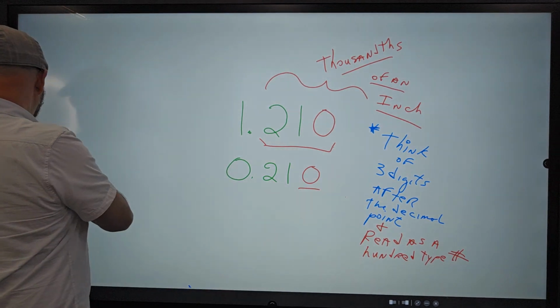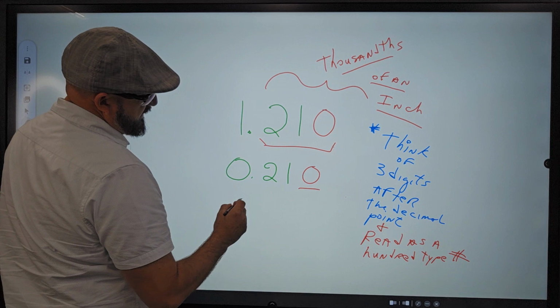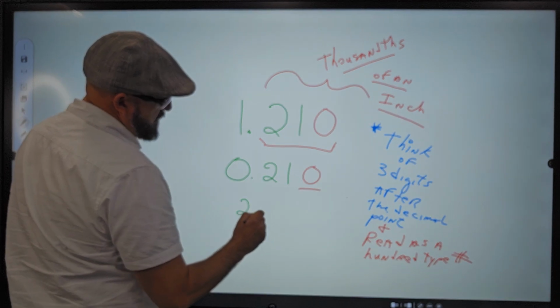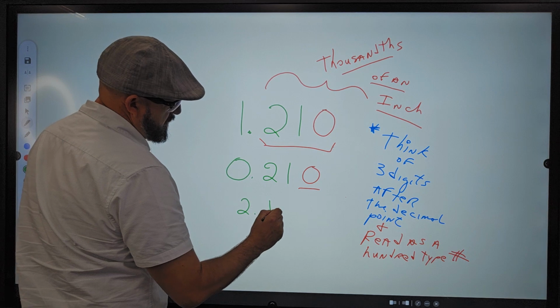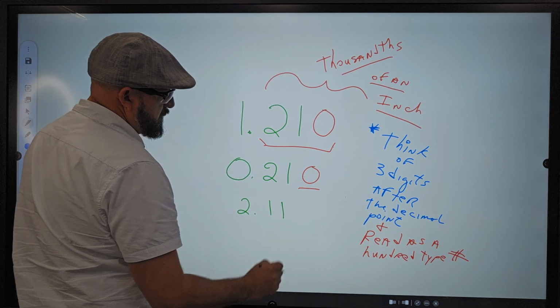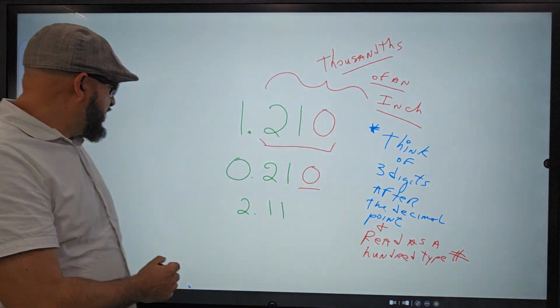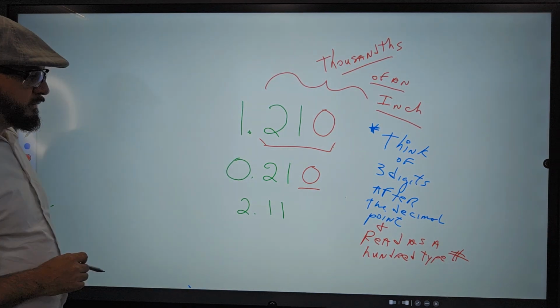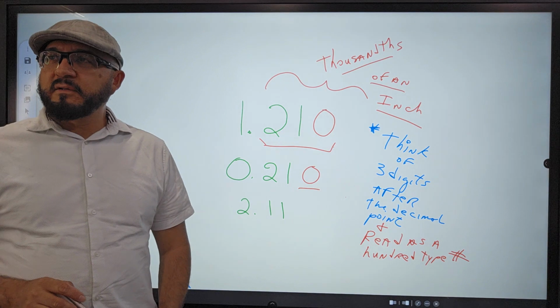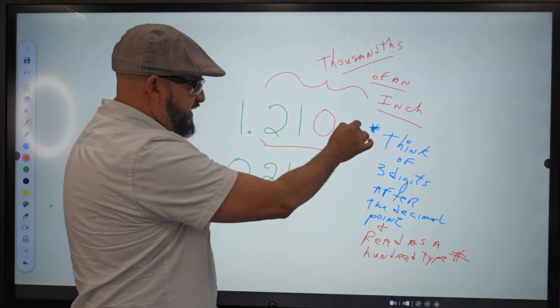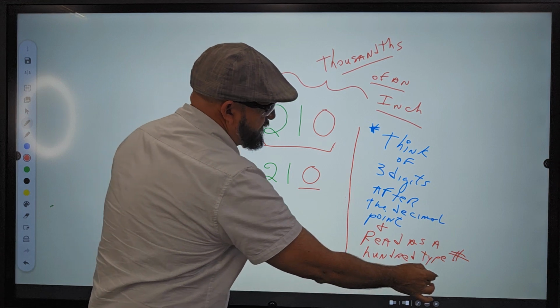If I put this number here, and let's say I put, all right. So how would you read that number? 2 inches, 110,000. But let's just follow this right here.